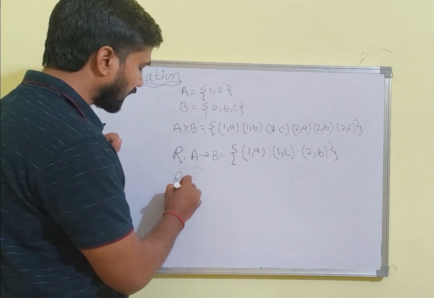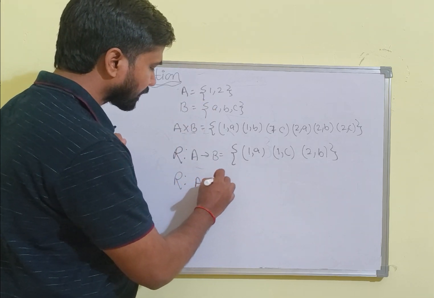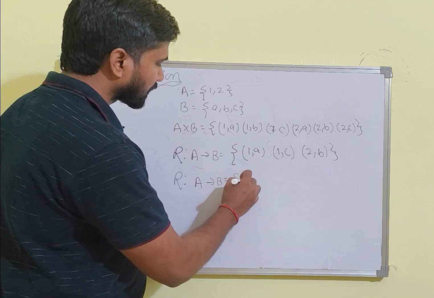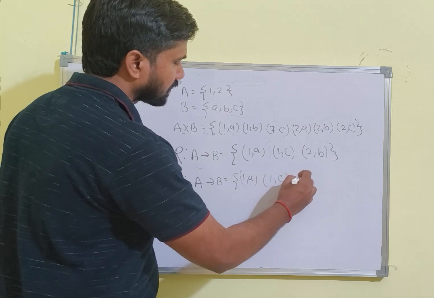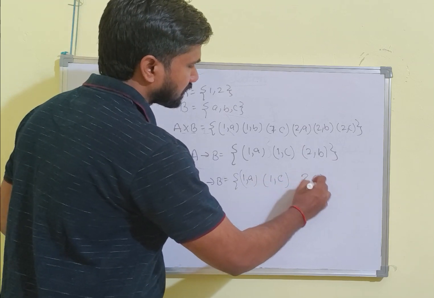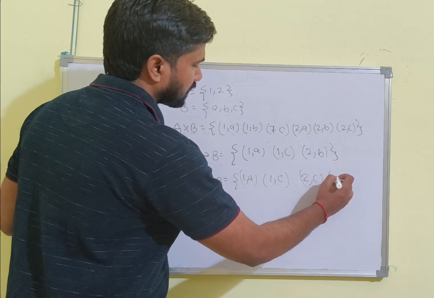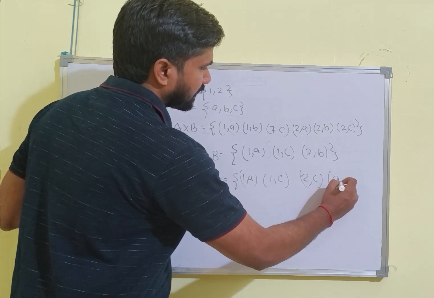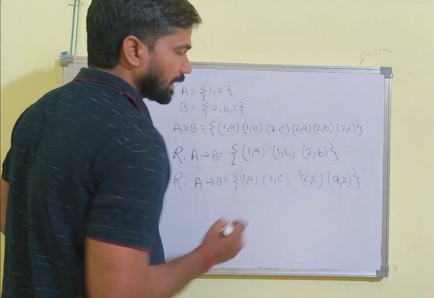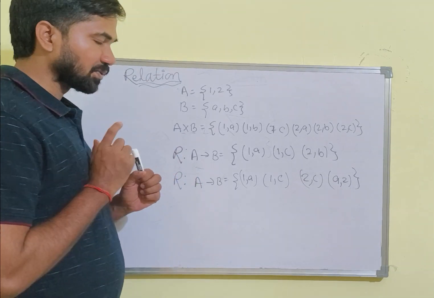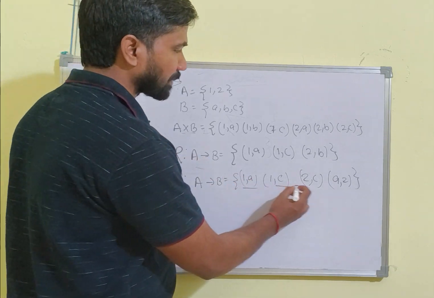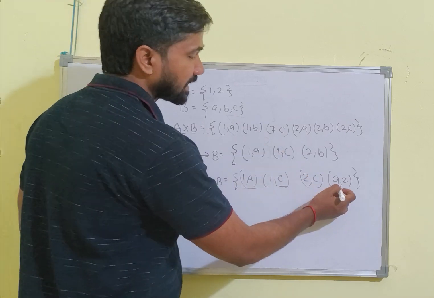If I write R from A to B this way: (1,a), (1,c), (2,c), (a,2). If anybody asks whether it is a relation, it is not a relation. Why? See, all the other elements are present, but what about (a,2)?